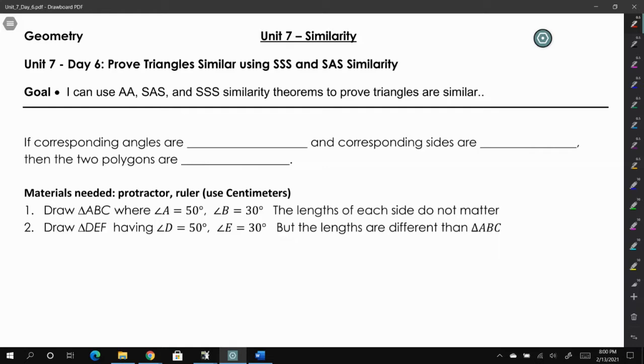So to recall, when we talked about congruent triangles, we said that corresponding parts had to be congruent. The corresponding angles and the corresponding sides had to be congruent. When we talk about similar triangles, there is one key difference. The corresponding angles still have to be congruent.